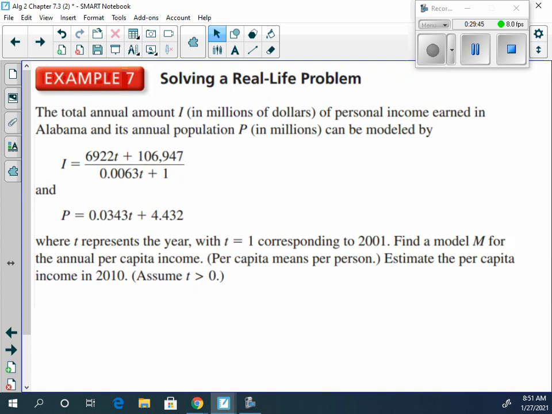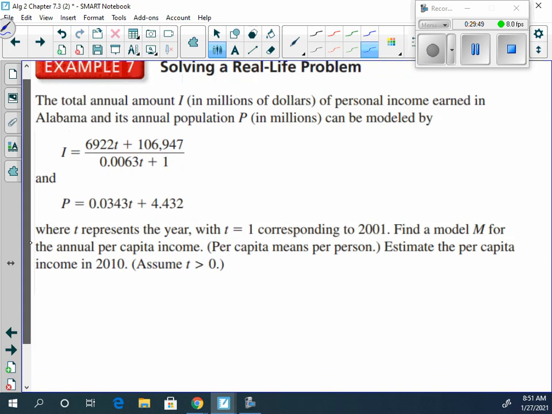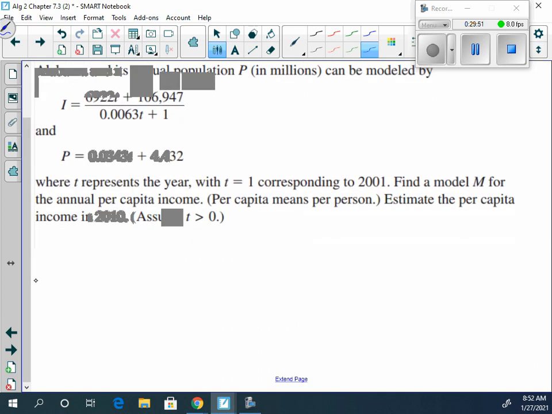So really, they're just talking about plugging it in. Because if we wanted to, given it in t, 2010.